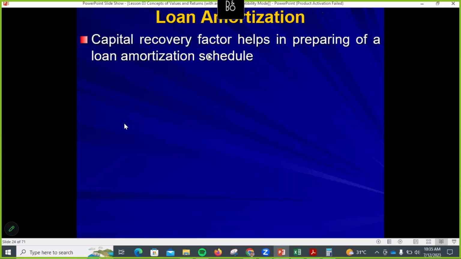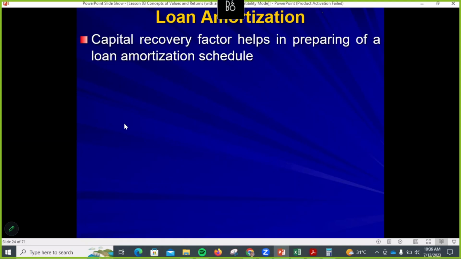Usually a loan amortization schedule is the table which guides the banks or the borrowers from the bank. So the amount of the interest, the installment, the balance due, everything is there.